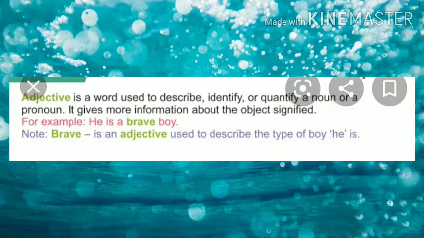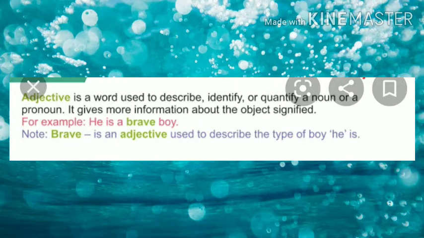If a noun has been described, identified, or quantified using a word, that particular word is called an adjective. For example, he is a brave boy. We are not mentioning just that he is a boy.